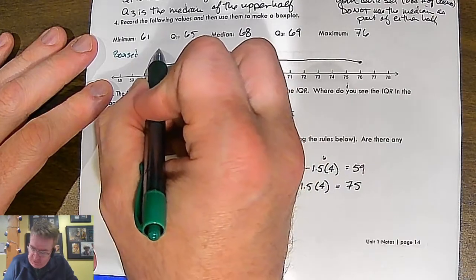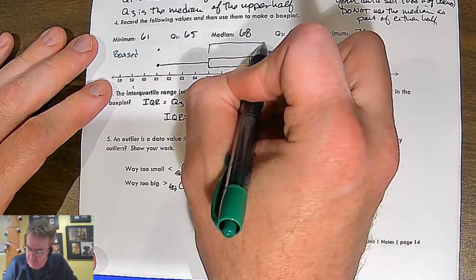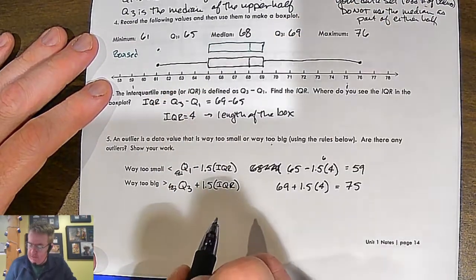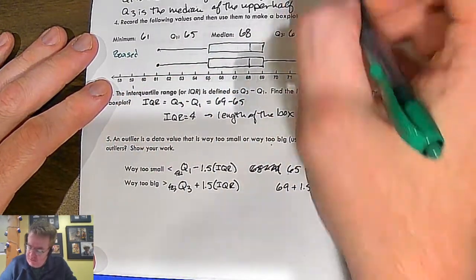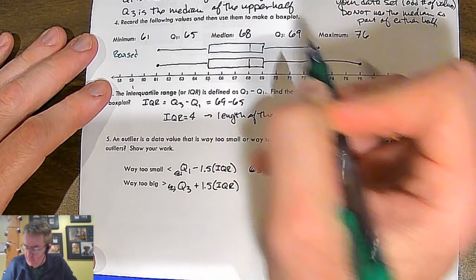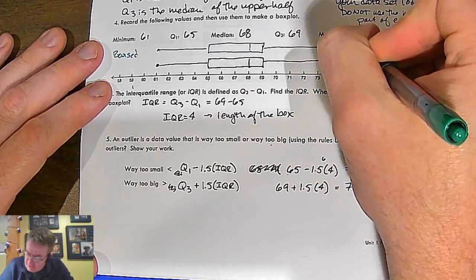So I've got 61 as my minimum. 65 is still Q1. Still have 68 and 69 as my upper quartile. But now 73 is going to be the upper number there. And then I'm going to put a star at 76.